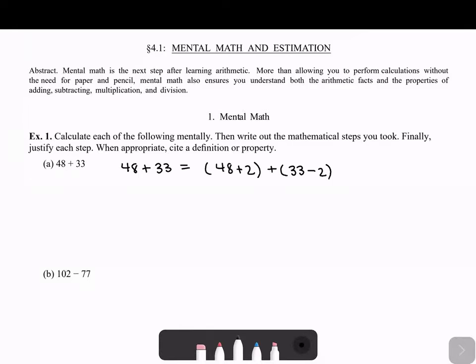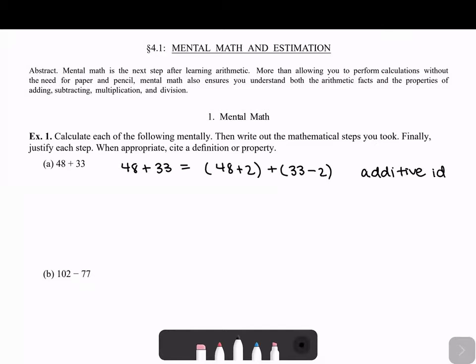So this is essentially just using the additive identity, right? In order to compensate for making 48 a more compatible number of 50, we add 2, and then we also have to subtract 2. Remember, this is the additive identity. We're adding 0, which doesn't change the value.